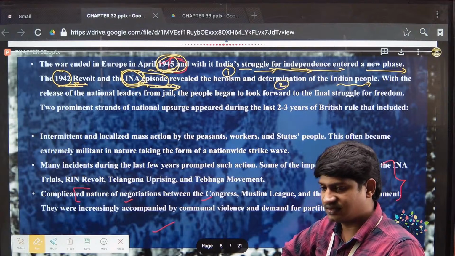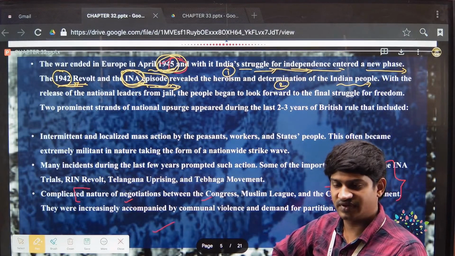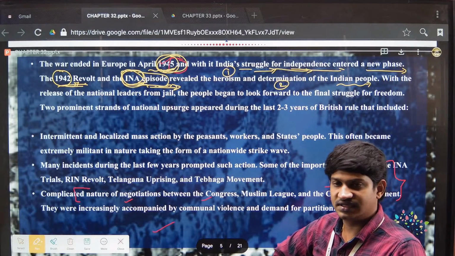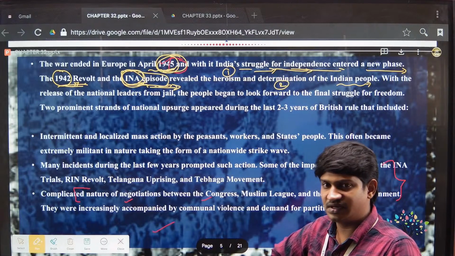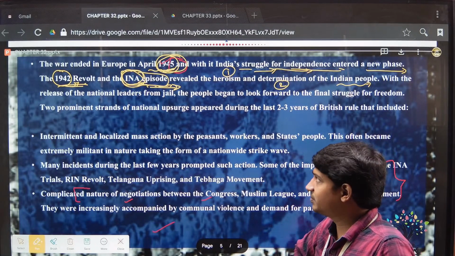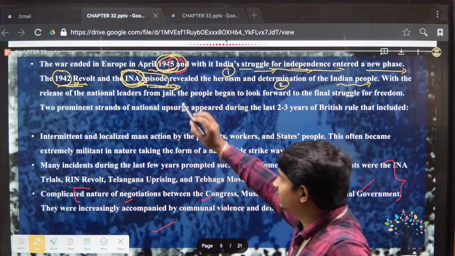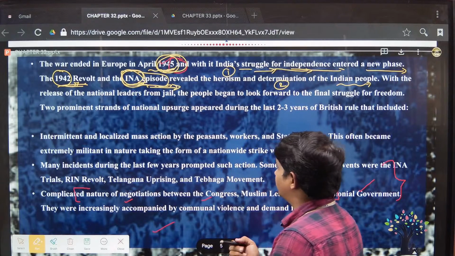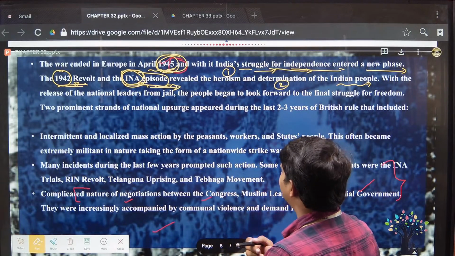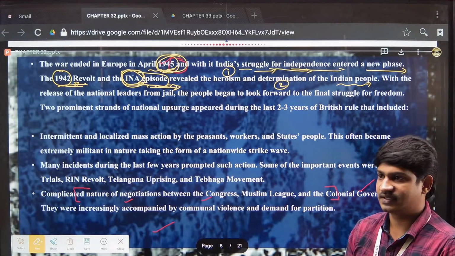There had been no mass movements for a couple of years. In the 1930s the civil disobedience movement was the mass movement. After that came individual satyagraha, and whatever positions were taken, it was not a mass movement. So the people were not ready for mass movements, and they hadn't actively taken part in a mass movement.